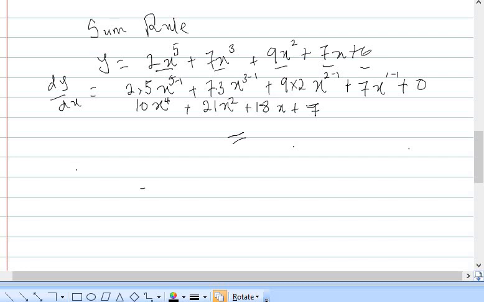So we are going to take differentiation using first principle. That's next. First principle. So assuming the question is given as, let's say, y is equal to 2x squared plus 5, to find dy by dx using first principle.